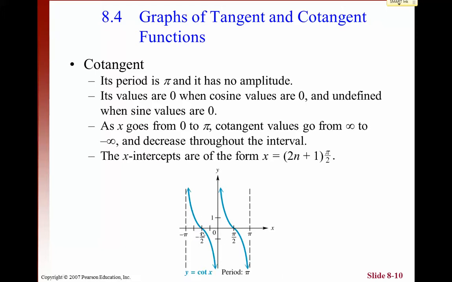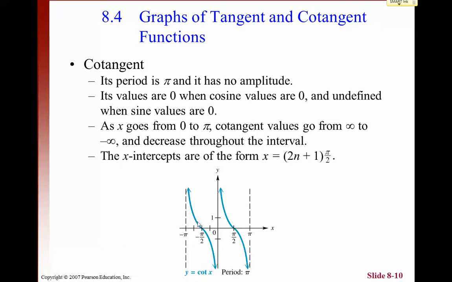Instead of going through the origin, it goes down through pi over 2, between negative pi over 2 and positive pi over 2. It still has a period of pi, no amplitude, and it decreases throughout its interval. The x-intercepts are pi over 2 plus n times pi.